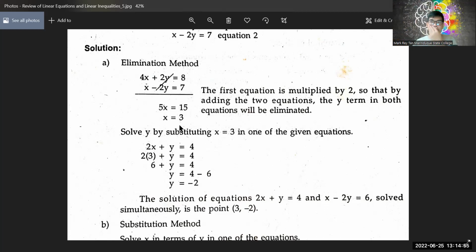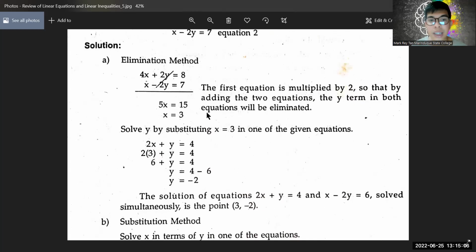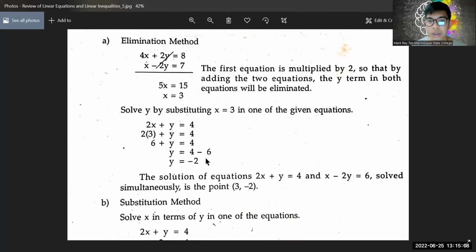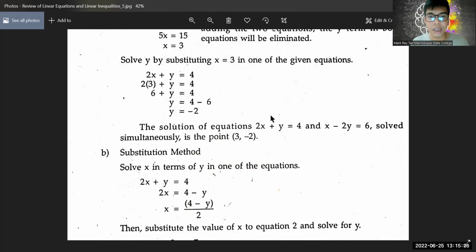Okay, it's the same, class. Whether you use the first or the second equation after getting the value of x, whichever you use, the result is the same: negative 2. Okay, let's continue. So the solution of equations 2x plus y equals 4 and x minus 2y equals 7 solved simultaneously is the point 3 and negative 2.